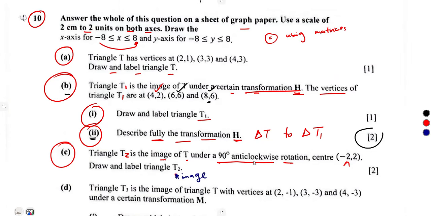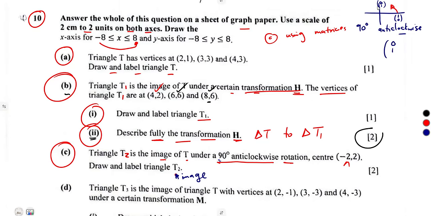You're going to consider the matrix of a 90 degrees anti-clockwise rotation from our matrices. Remember, on the x-axis, the point (1, 0) rotating 90 degrees anti-clockwise will end up at (0, 1).